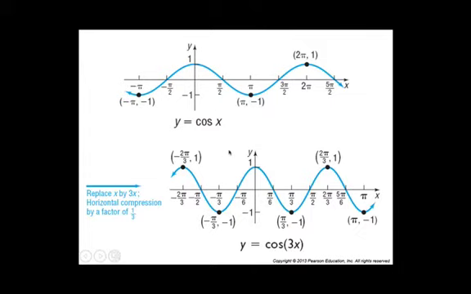In this case here, they put a 3x in the center. We take that 3, we take 2 pi divided by 3, that'll give us our pi over 6, and then we mark out each point from there on out.